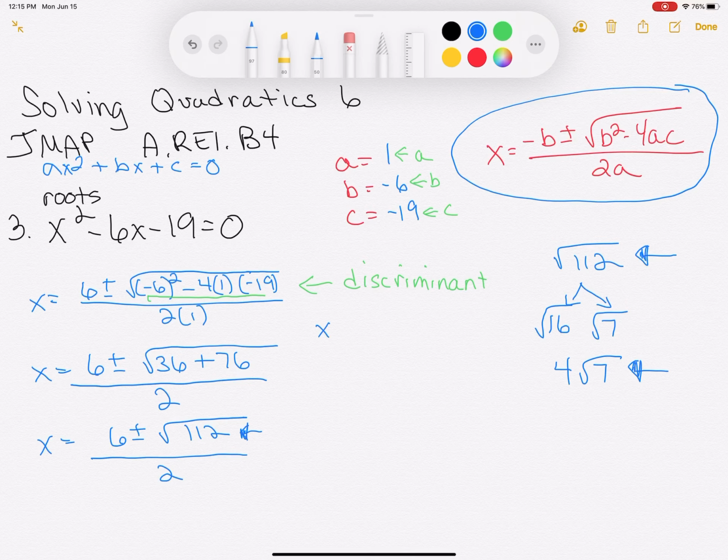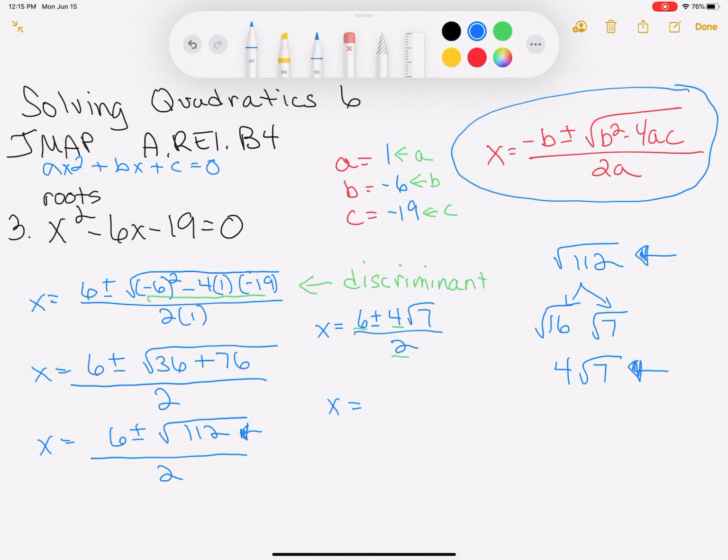Now I am going to rewrite this as 6 plus or minus 4 square root 7 over 2. Because 2 will divide evenly into both 6 and 4, I have to take one more step and divide that 2 into both those terms.